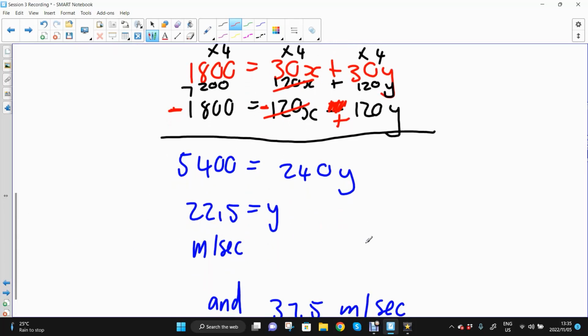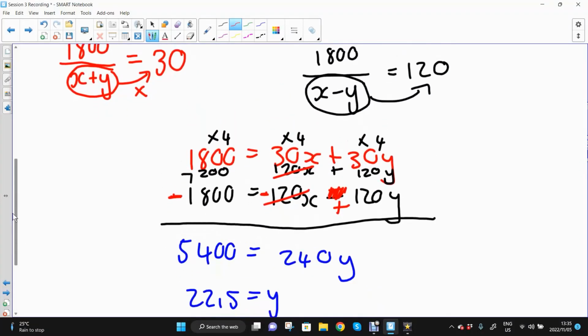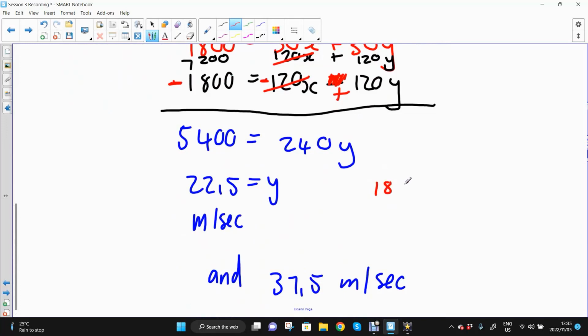And then to work out the speed of the second car, you can just sub that back into one of the equations. So let's see, it's 1,800 over x plus y, so you just sub that in, is equal to the first equation said 30. And then you can work that out just by timesing that to the other side. 30 times 22,5, that gives us 675.